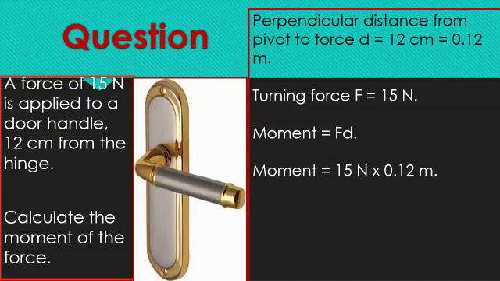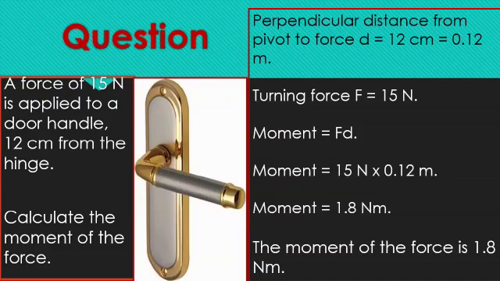Using the formula, moment is equal to force times distance. Substituting the value, 15 newtons for the force times 0.12 meters for distance, it will give 1.8 Newton meters. So the moment of force is equal to 1.8 Newton meters.